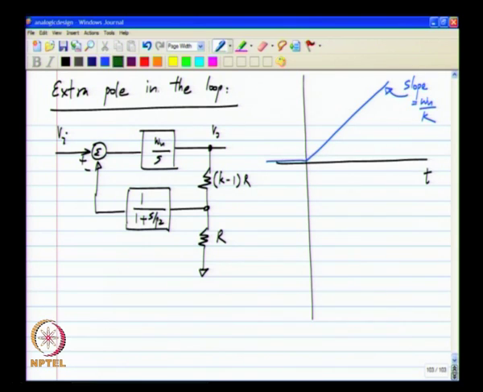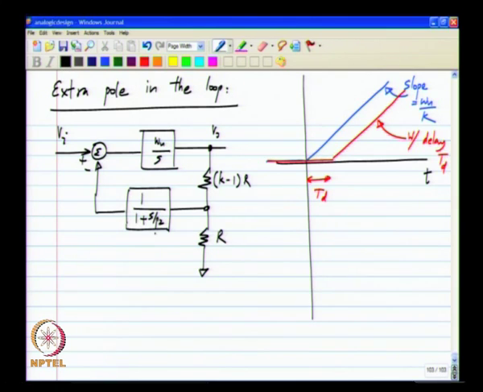If you have an ideal delay of TD, then the step response will have the same slope, but is delayed by an amount TD. This corresponds to a delay of TD.